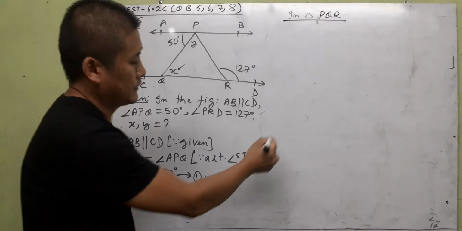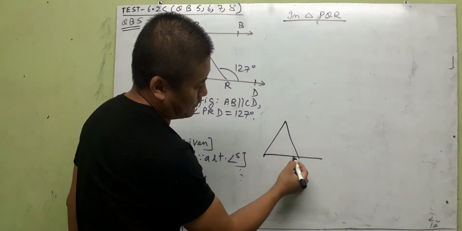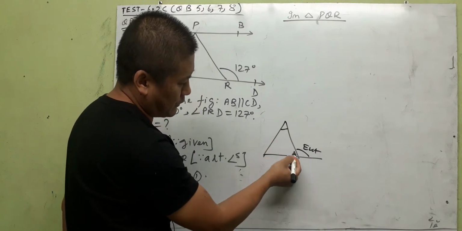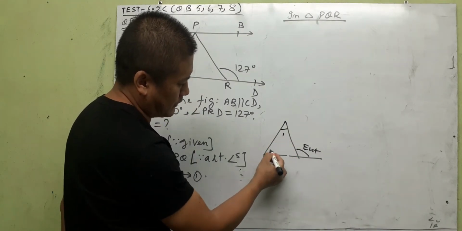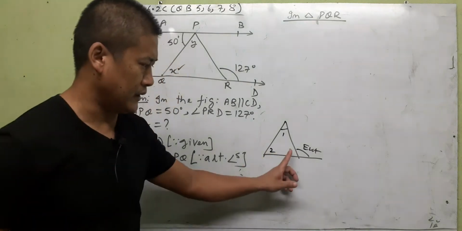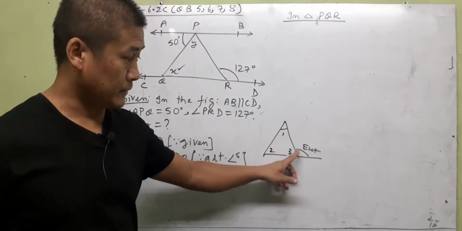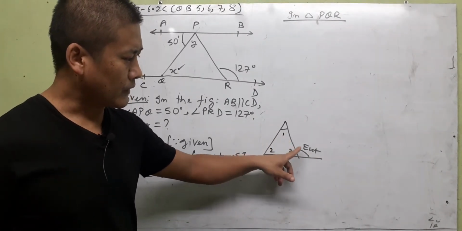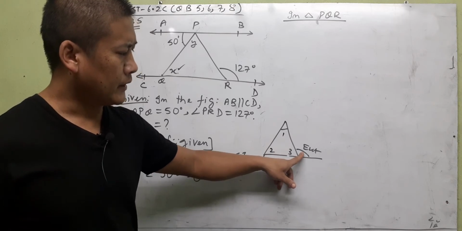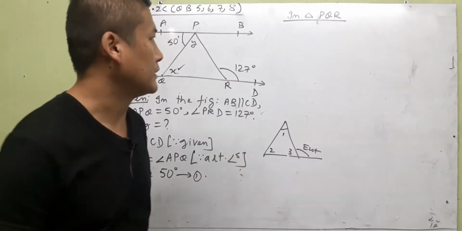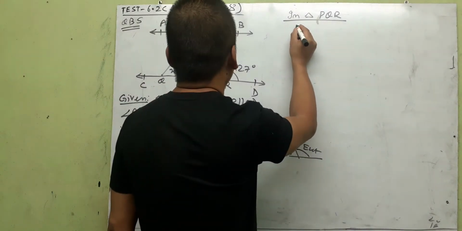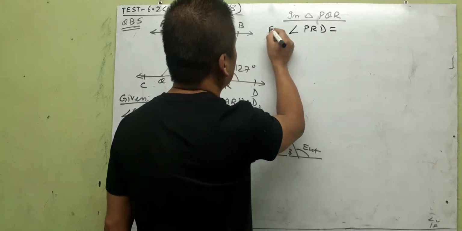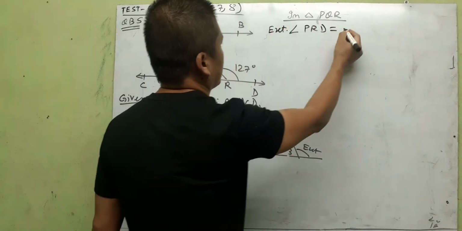This triangle, if a triangle is such that one side is produced, then this is called the exterior angle, okay? Inside the triangle, there are 3 angles, 1, 2, and 3. This one near the exterior angle is not considered, but the other 2 which are far away from this outside angle. The exterior angle of a triangle is equal to the remote, means far away, interior angles. So we can use that angle PRD, the exterior angle.